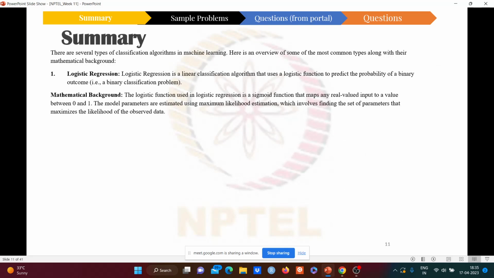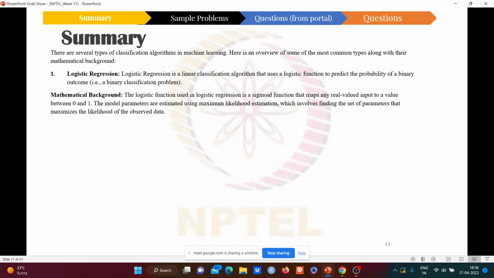Next, I'd like to discuss several types of classification algorithms in machine learning, along with a little information about their mathematical background. Starting with logistic regression. This is a linear classification algorithm that uses a logistic function to predict the probability of a binary outcome.